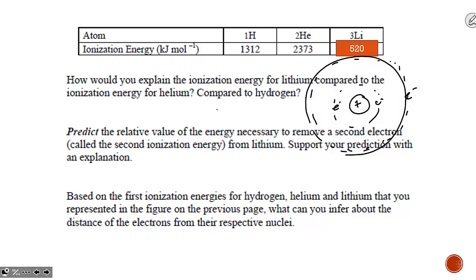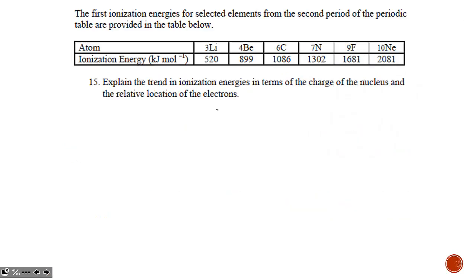Well, if we take this experiment and do it with atoms from the entire second row, we'll skip a couple just for simplicity's sake, we see that sure enough, as we add protons, it gets harder and harder to remove an electron. The more protons you have, the more energy it took to remove an electron.